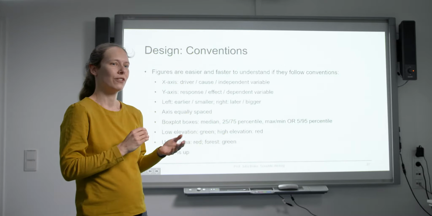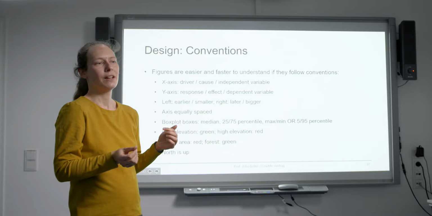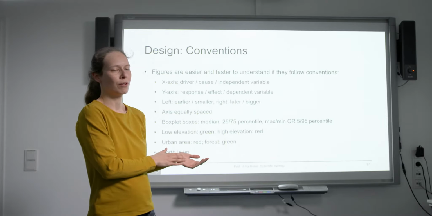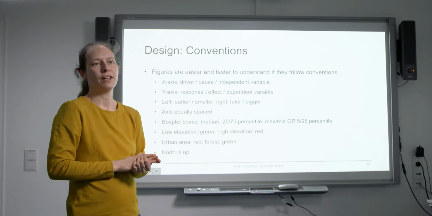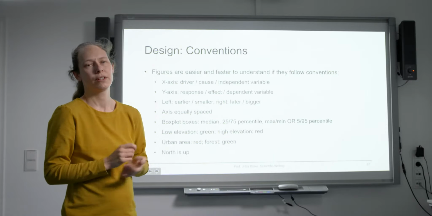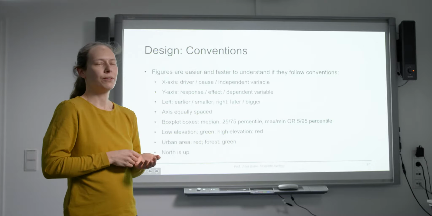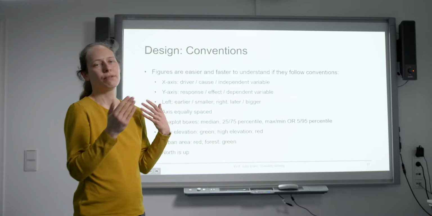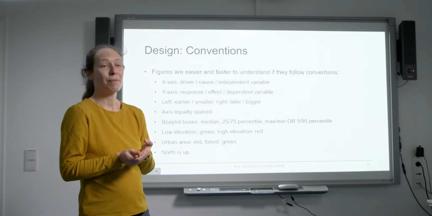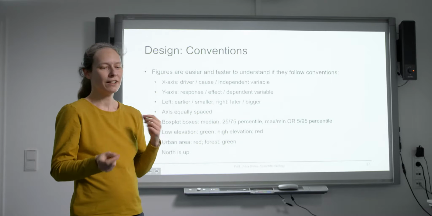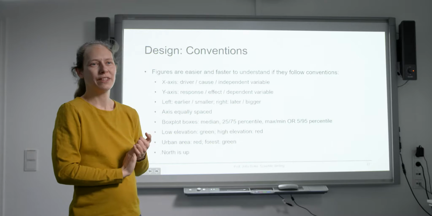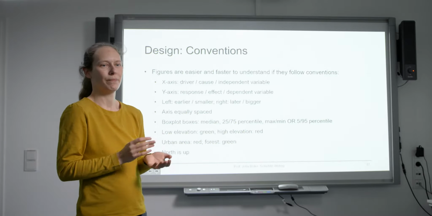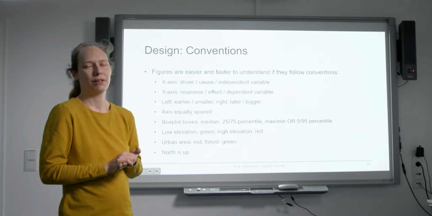On the other hand, if it shows land cover, it would usually be red for urban types of land cover, while green would be used for natural land cover, forest, for example. And it would be really confusing if you had a red forest. Of course, that's something you can do if you really highlight specific types of forest or so, but you have to be aware that it will make people confused at first sight.